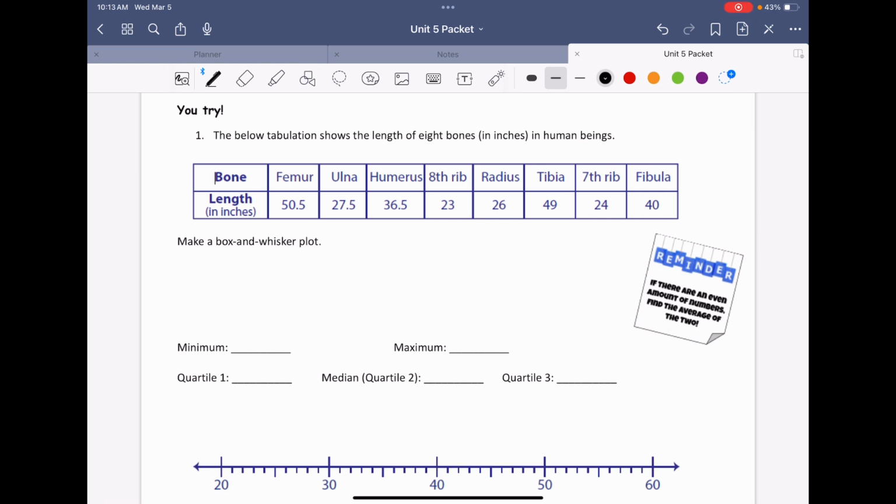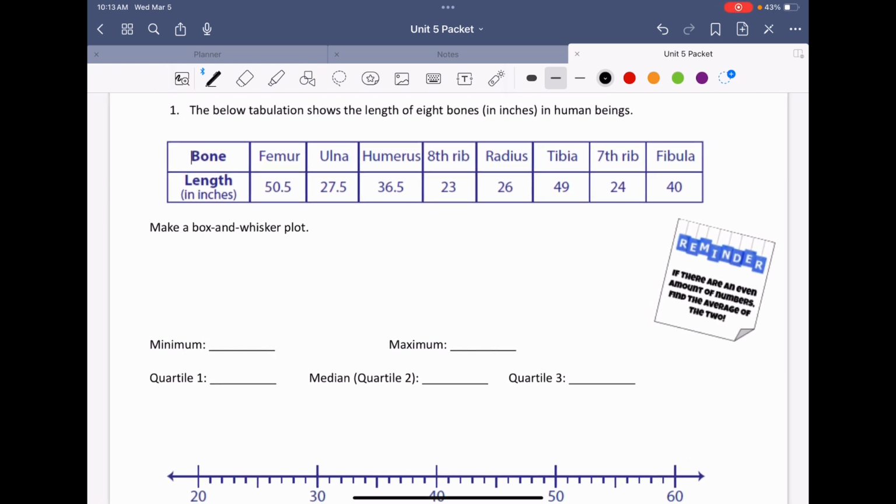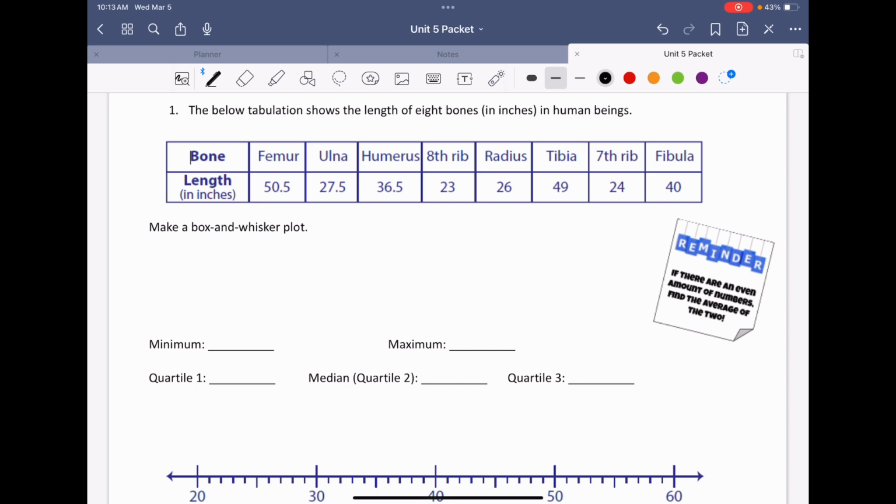All right, so we're gonna set this up a little bit together and then I'll have you try it on your own. So let's first go ahead and list from least to greatest.